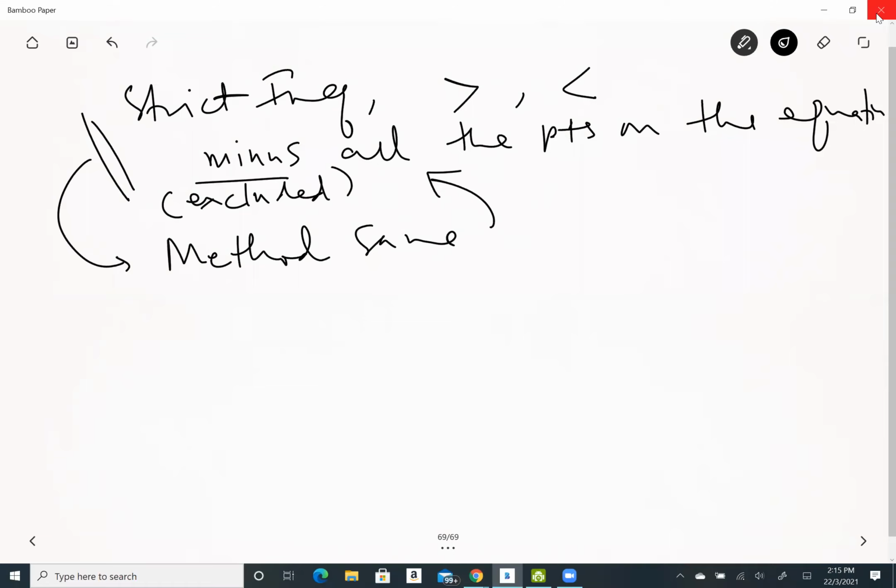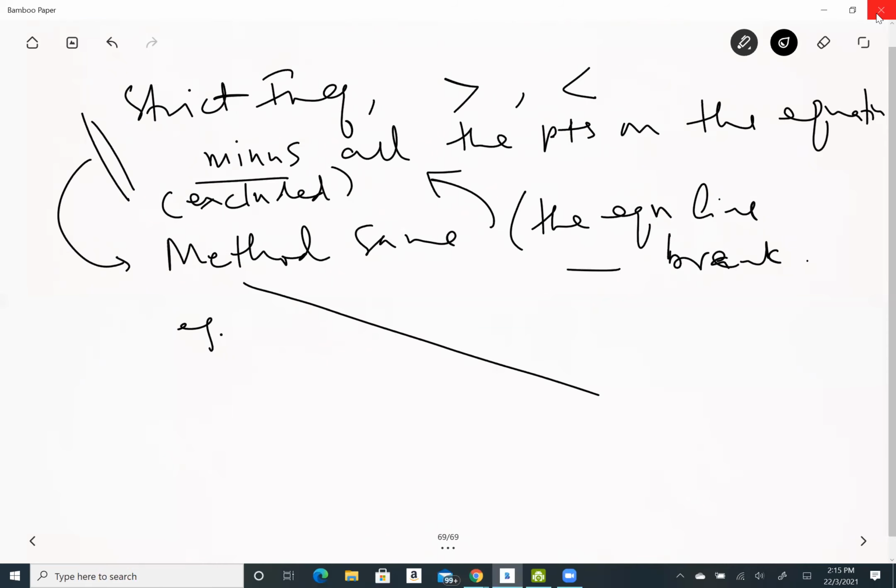So how do you exclude? We exclude by doing the broken line. So the equation line, you break it. In other words, it will be like this. Say the line is like that, let's say this is ax plus by equals c.